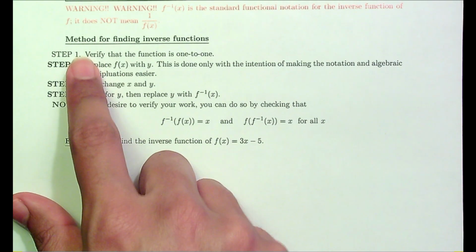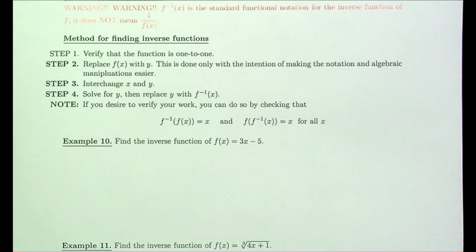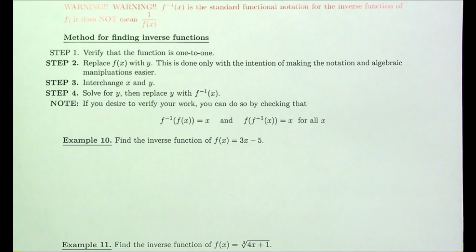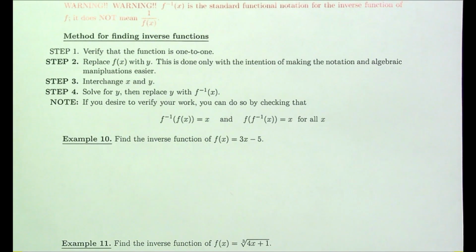Step 1 is basically figure out whether the function is one-to-one or injective first, because if it is injective, then it's going to have an inverse function. If it is not injective, it's not going to have an inverse function. So step one is, does the function really have an inverse function? Assuming that it does, you can then start with step two.